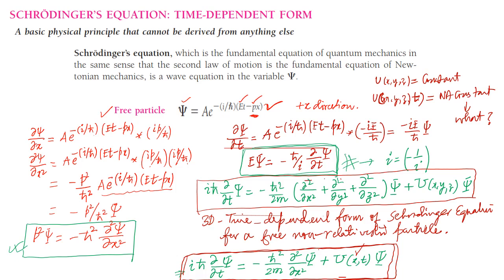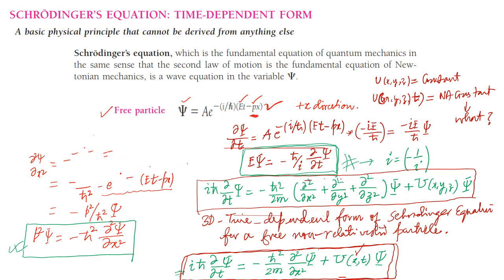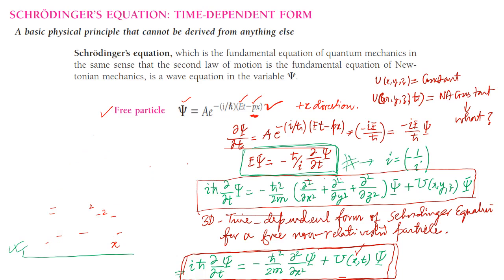In such a situation, what we actually do in quantum mechanics is that we postulate a Schrodinger equation.